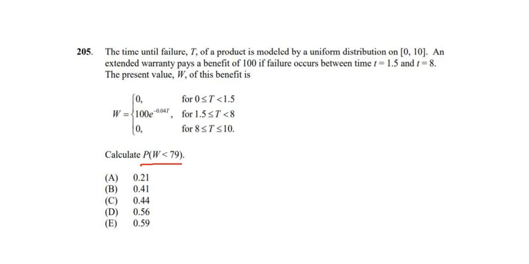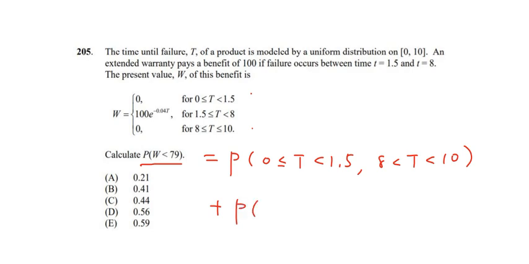We can say that the two other parts are 0, so this equals t between 0 and 1.5 or between 10 and 8, plus t between 1.5 and 8.